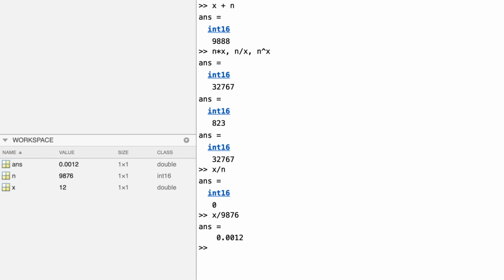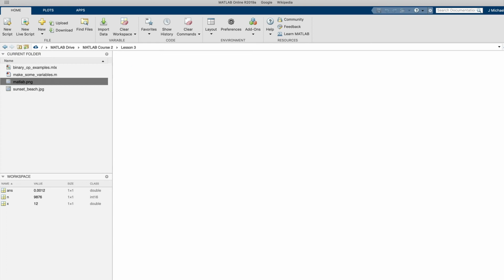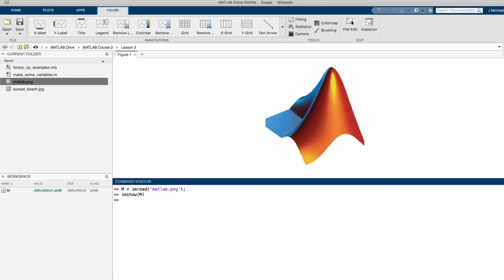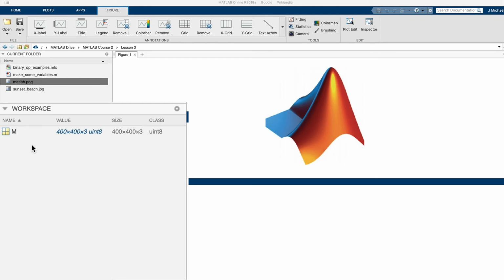Let's see an example of how MATLAB's approach saves memory. I have an image of the MATLAB logo saved as a PNG file here in this folder. Let's read that into a variable and display it. As you can see over here in the workspace, the variable m, which contains the image, is a 400 by 400 by 3 array, meaning that it has 400 columns, 400 rows, and 3 pages.